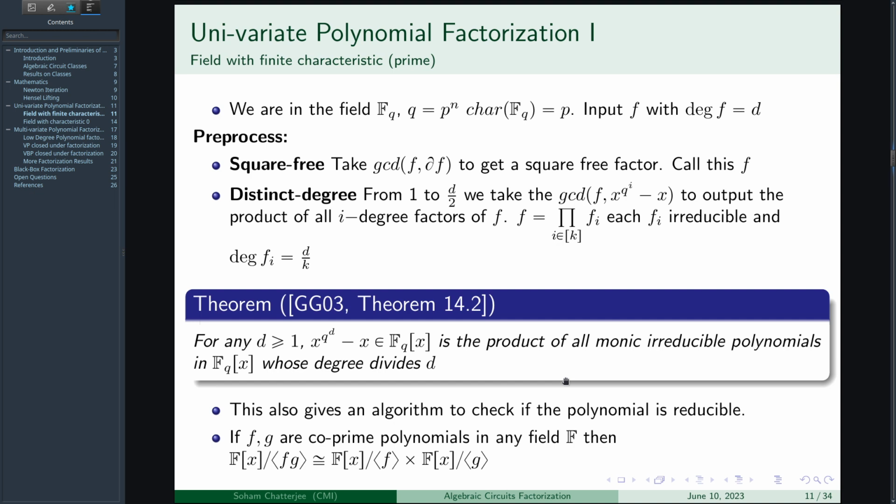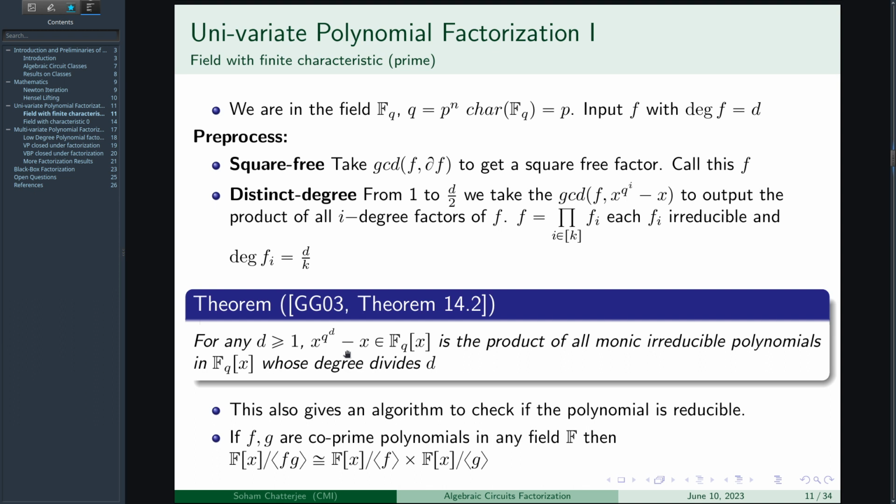Then we will do distinct degree factorization. This step gives us the product of all degree i irreducible factors of f. If you have read field theory, there is a theorem that x to the power q to the power d minus x gives the product of all irreducible polynomials whose degree divides d.